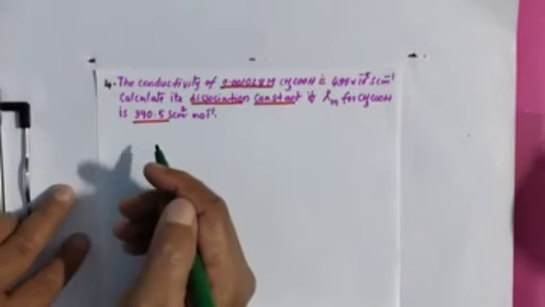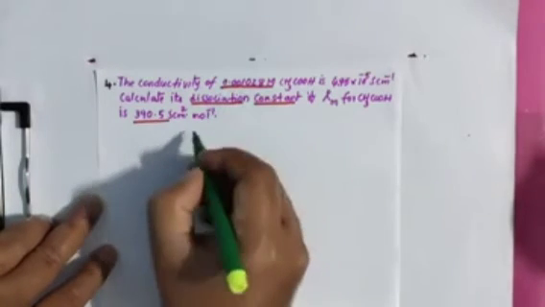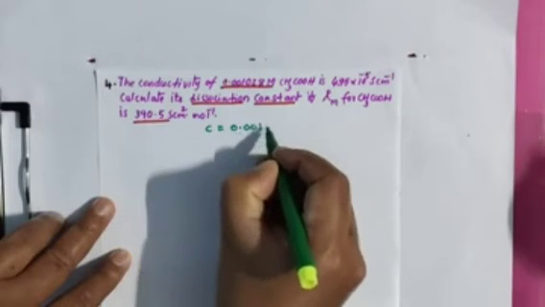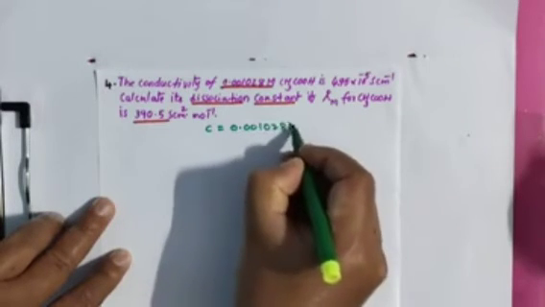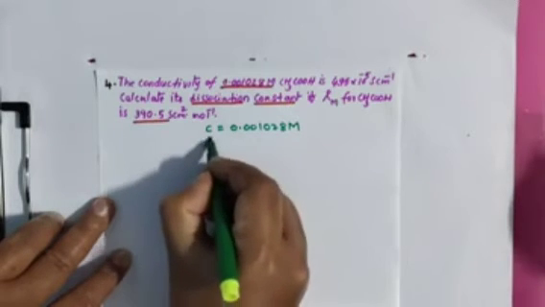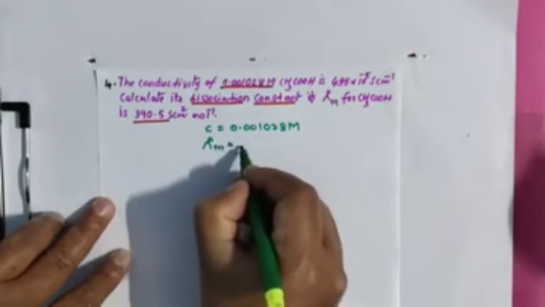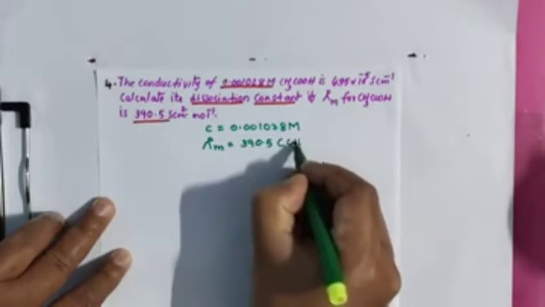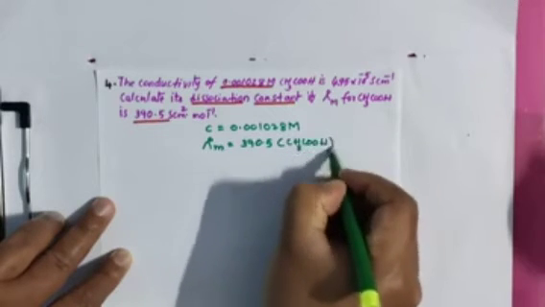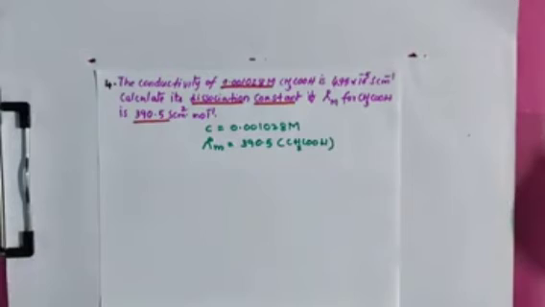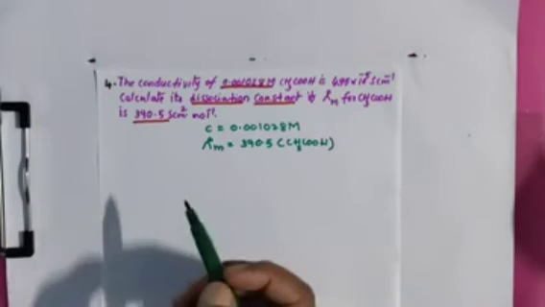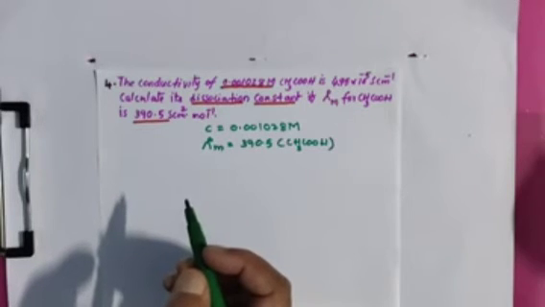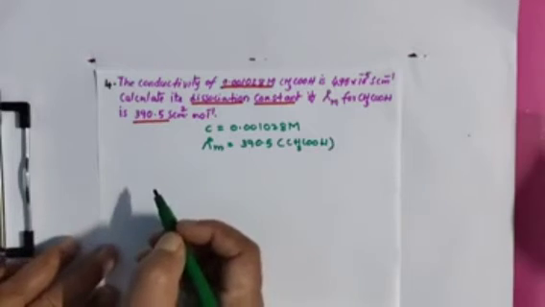What they given, what we have to calculate. So concentration is given. Concentration how much? 0.001028 M. And cap m for acetic acid given, 390.5. This is for acetic acid, and this is given data. From this we have to calculate dissociation constant. Dissociation constant we need means we have to calculate first cap m.